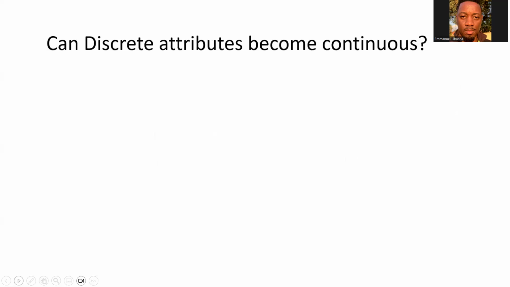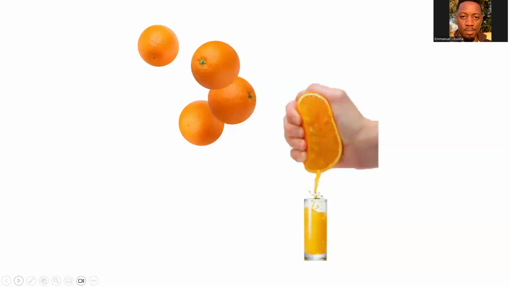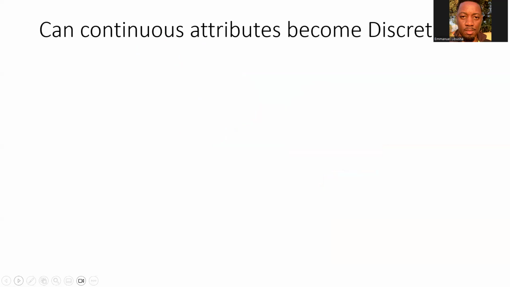Okay, so the question now is, can discrete attributes become continuous? Yes, they can. If you look at oranges, I can count how many oranges there are. But if I take the oranges and blend them, I will get orange juice. And the orange juice is now liquid and continuous. Can you see? The discrete objects can be made continuous. And also, continuous objects can be made discrete.